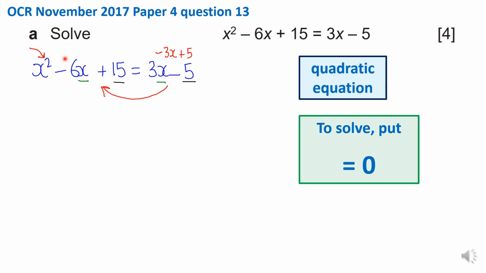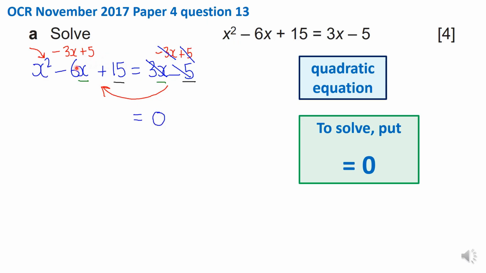Of course, we have to come over to the left and do the same thing. So minus 3x plus 5. The right hand side is simple because everything cancels out. 3x take away 3x is 0, minus 5 plus 5 is 0. Just put a 0 there.